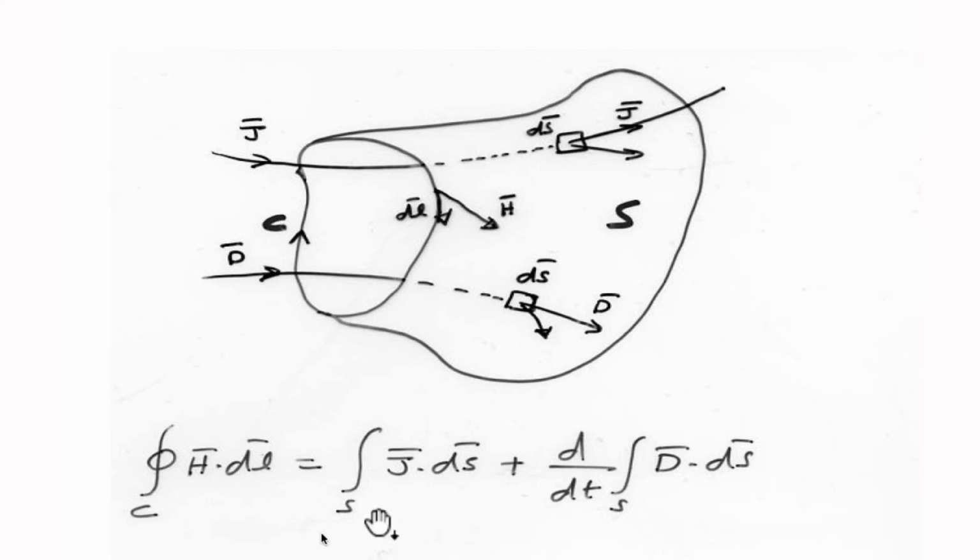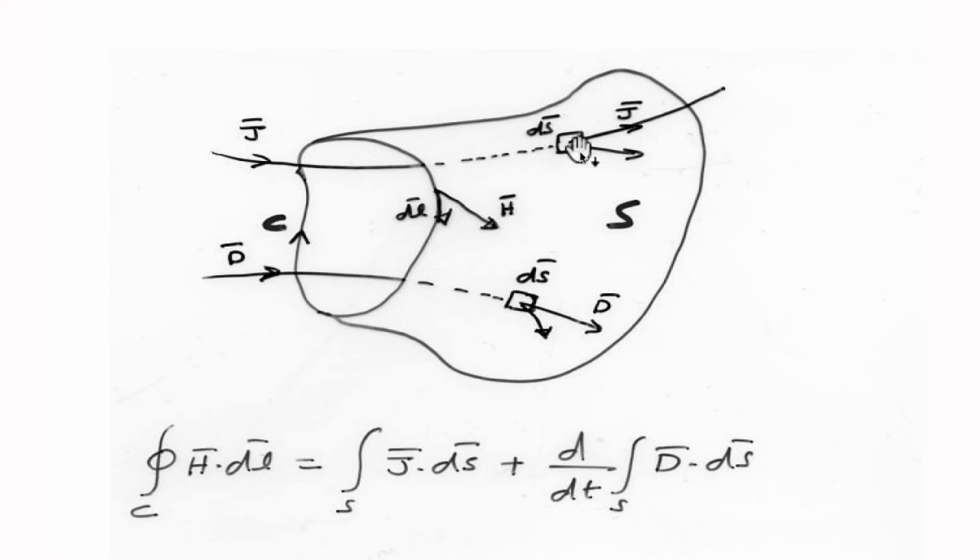If you look at this equation, this is the line integral along this path, which is enclosing this surface S. Then this is the total current density, the vertical component of the current density coming out of this. If you have current density coming out here and the small elemental area, if you multiply by that, then you get this small current coming out.